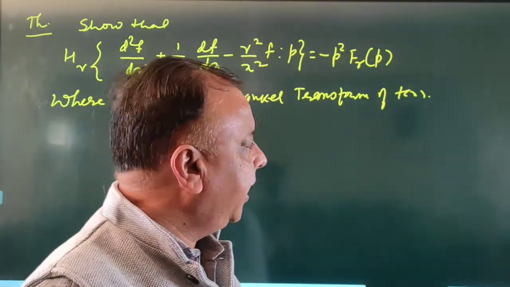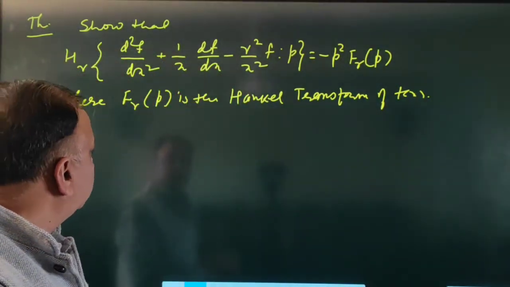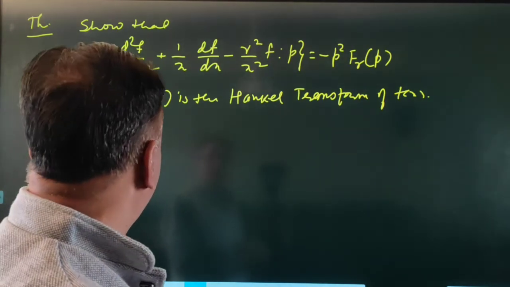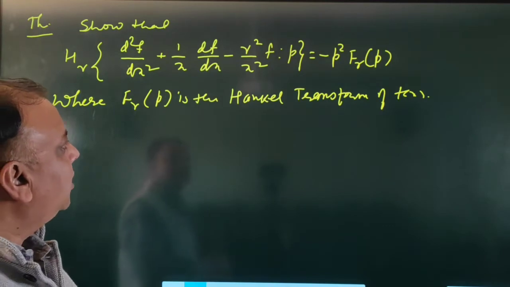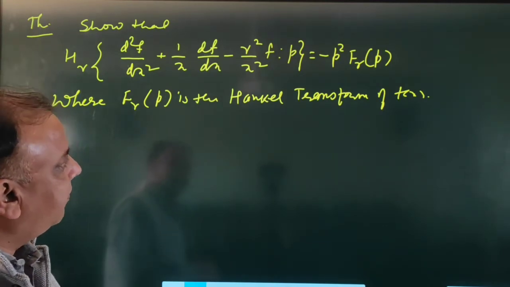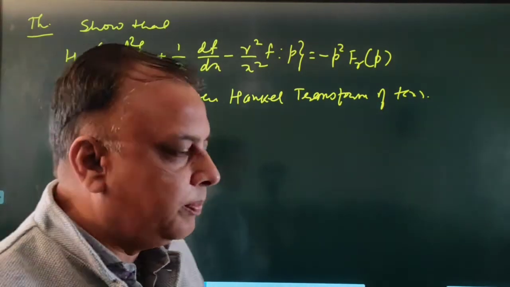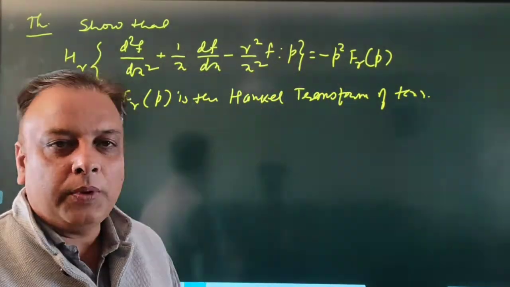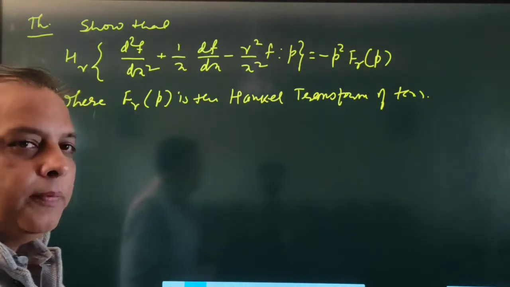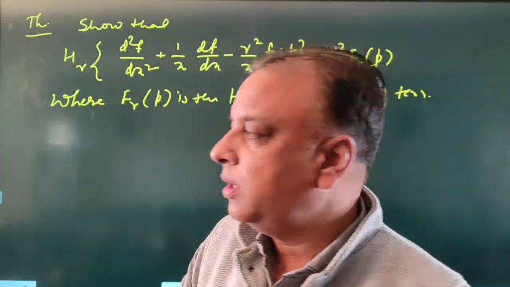We have to find the Hankel transform of the function d²f/dx² plus (1/x) df/dx minus (nu²/x²) f with respect to parameter p, and we have to show that this is equal to minus p² F_nu(p), where F_nu(p) is the Hankel transform of the function f(x).